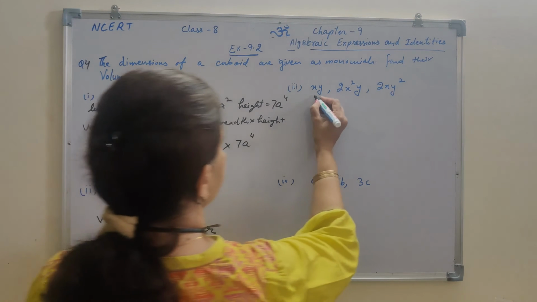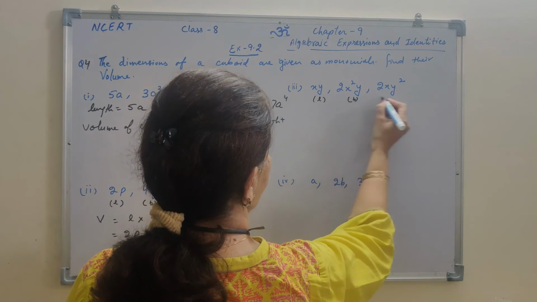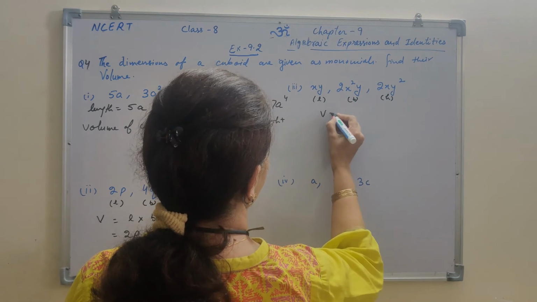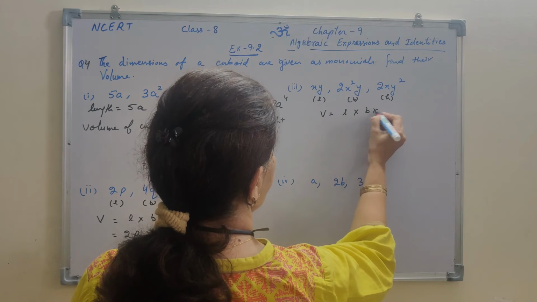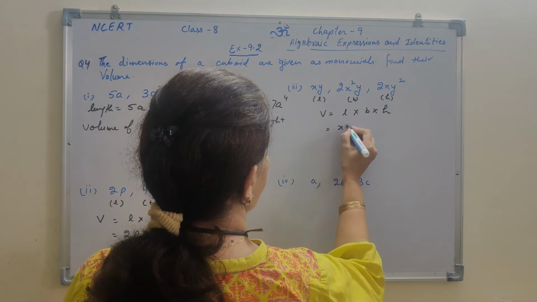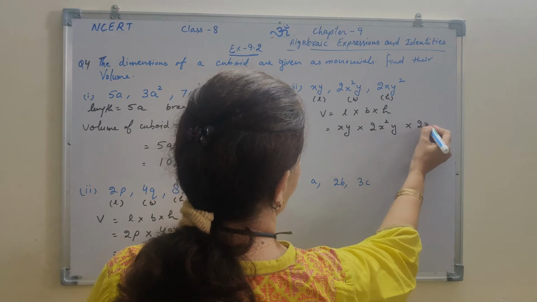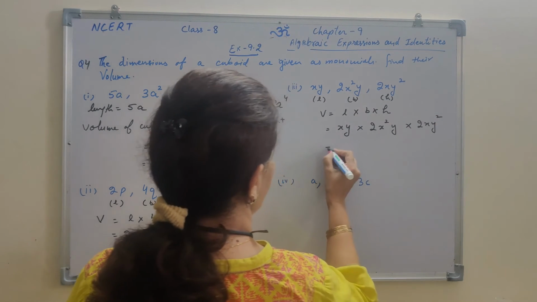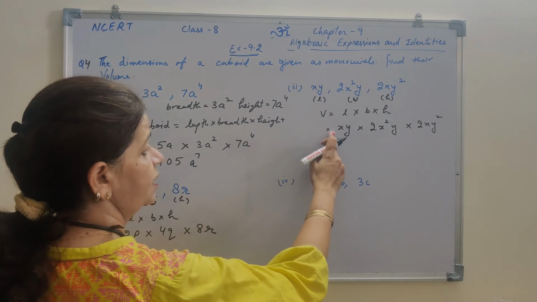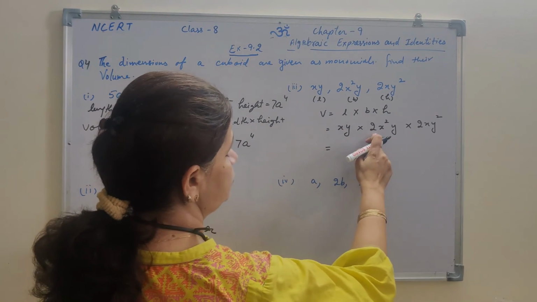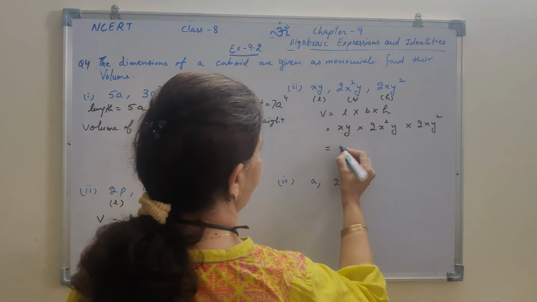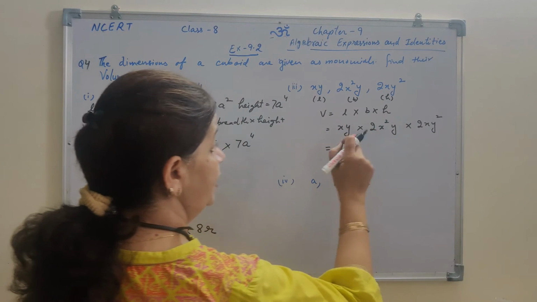See the third part, this is our length, breadth and height. So the volume is L into B into H, that means xy, 2x square y and multiply 2xy square. So here the numerical value is 1, so 1 into 2 is 2, 2 2s are 4. Now we will count x.